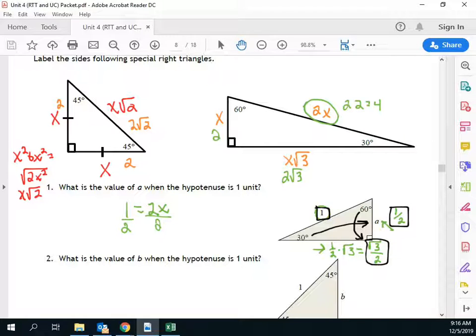All right, it says, what's the value of b when the hypotenuse is 1? So now we're looking at a 45. So with 45, we've learned that it's x on the bottom, and x root 2. We're going to do the same thing we just did on problem 1. You take the hypotenuse and set it equal to 1, and solve for x. Last class we learned you can't leave a square root as a denominator.